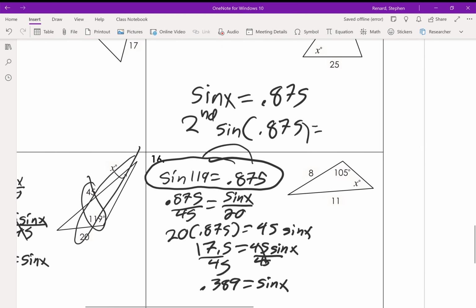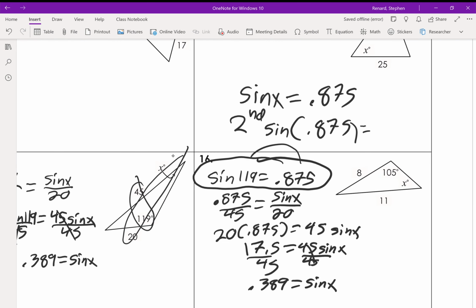Anyway, when you ask your calculator for sine and cosine, it's always going to give it here, so it's 0 to 90. So 119 is out here, and notice that that is 29 away from 90.